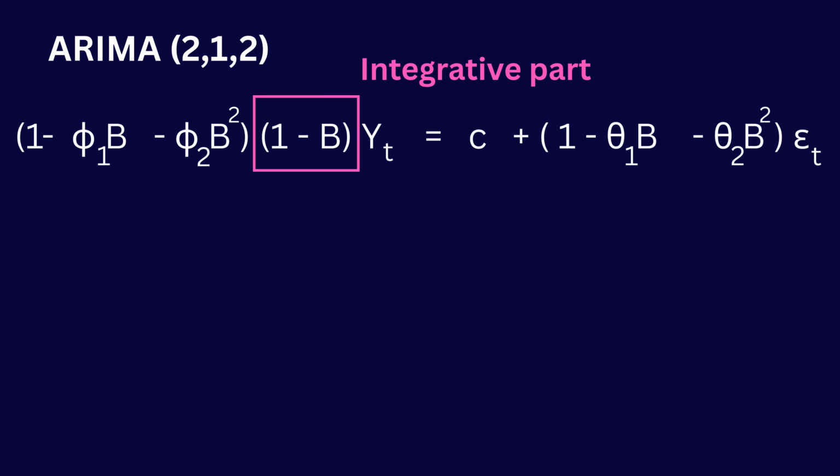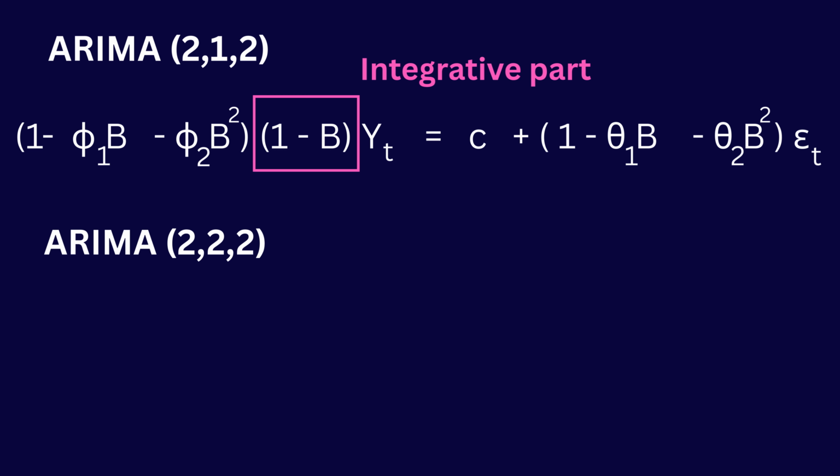Integrative 1 means 1 minus B, and equals C plus, then write the moving average part, open bracket 1 minus theta 1 times B minus theta 2 times B squared times epsilon t. So in here we just put 1 minus B into the left side of the formula. That's it.